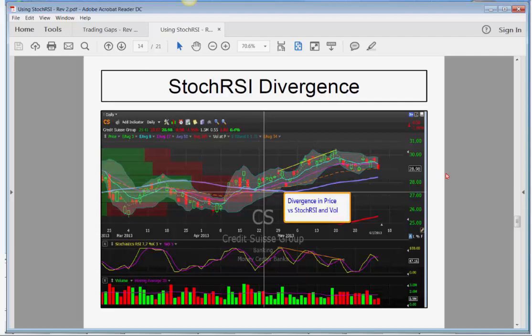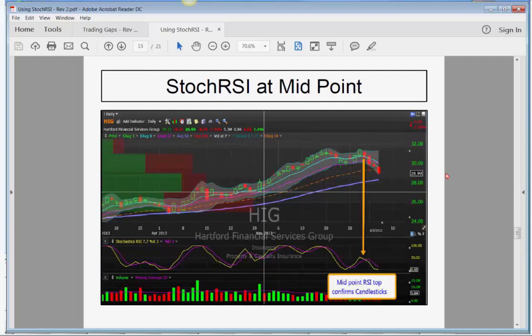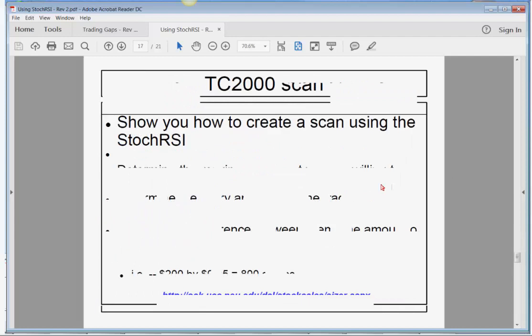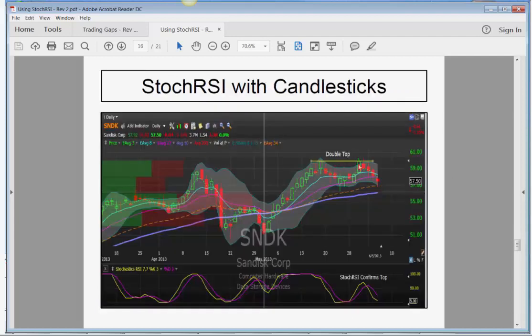Just like Doug had his higher odds for a pullback, these are my higher odds that I used for a possible pullback as well. And we got the midpoint. And we got the double top. Whoops, sorry. This double top here, stochastic could only get up to halfway level. Could not break out.